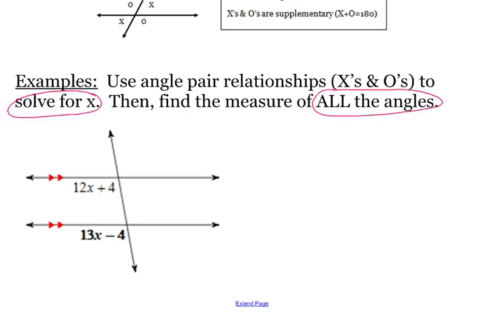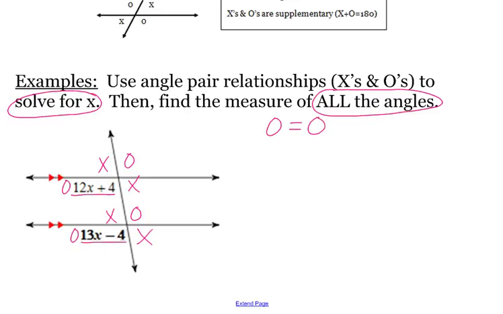Let's label our x's and o's. Now in this case, what do I have? An O and an O. What can you tell me about O and O? They're congruent, their measures are equal.